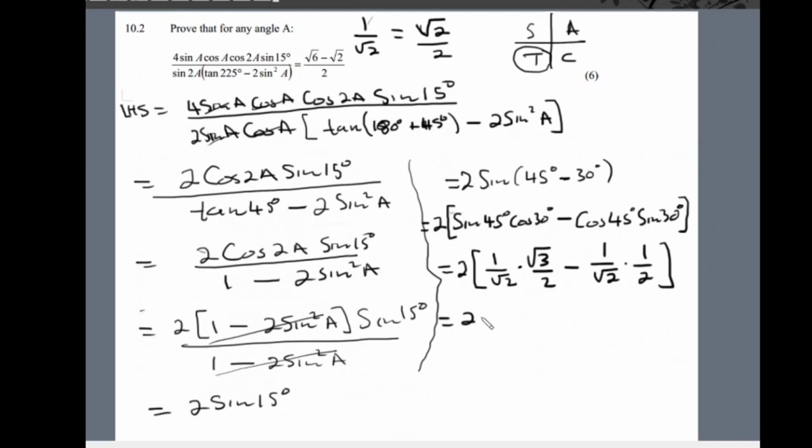So here we will have 2 times the square root of 2 over 2 times the square root of 3 over 2, minus the square root of 2 over 2 times 1 over 2. And then the square root of 2 times the square root of 3.